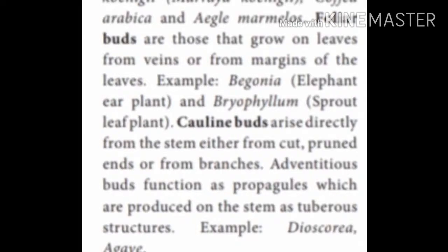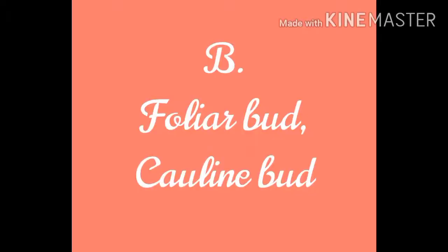Example is Bryophyllum. Did you find it? And the second one, cauline buds. Example, the last line, Dioscorea. So Bryophyllum is an example for foliar bud and Dioscorea is an example for cauline bud. So the answer is option B, foliar bud and cauline bud.